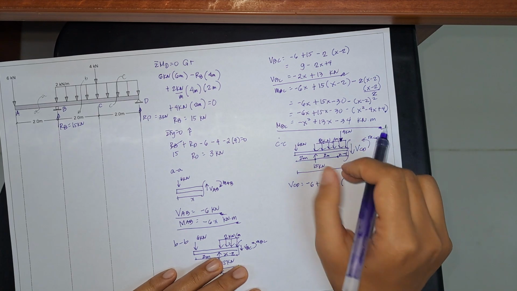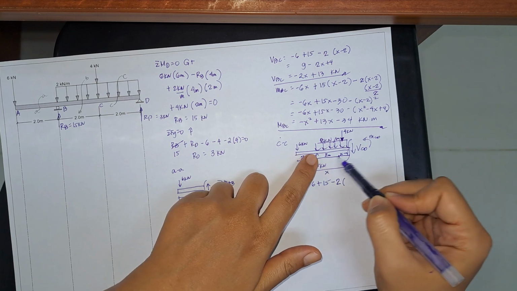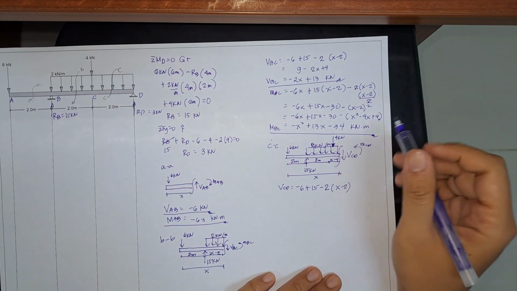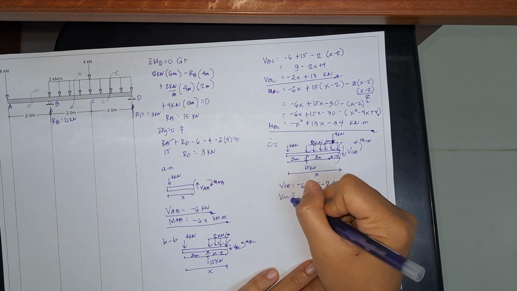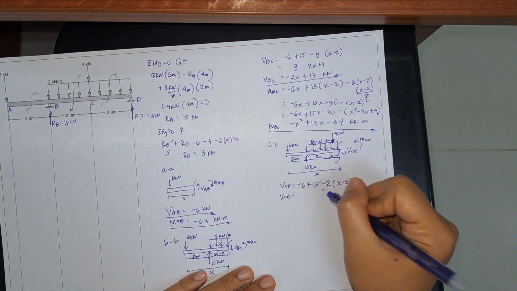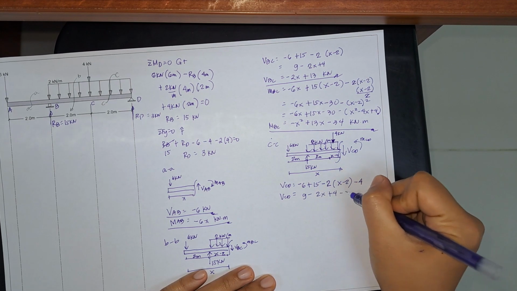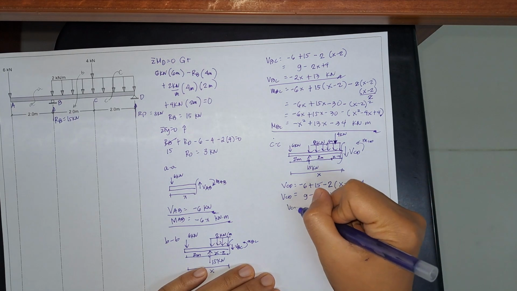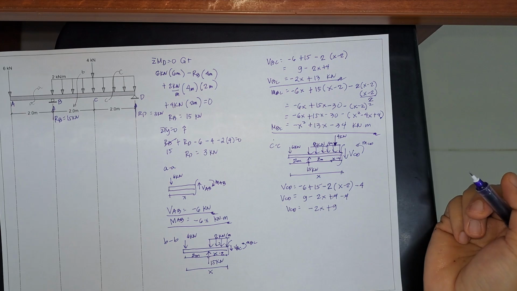The length is x minus 2. So, times x minus 2. Okay, and then yung point load sa taas, minus 4. Okay? So, we have combining like terms, 9 minus 2x plus 4 minus 4. So, cancel out. We are left with the shear at CD is equal to negative 2x plus 9. Okay?